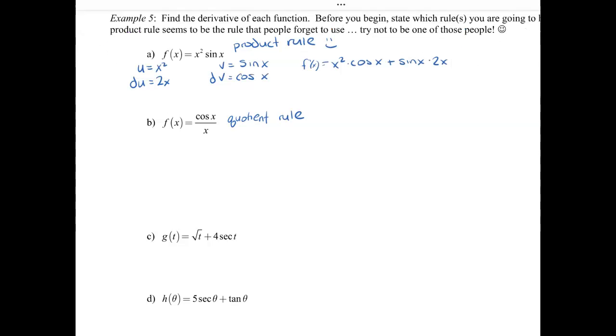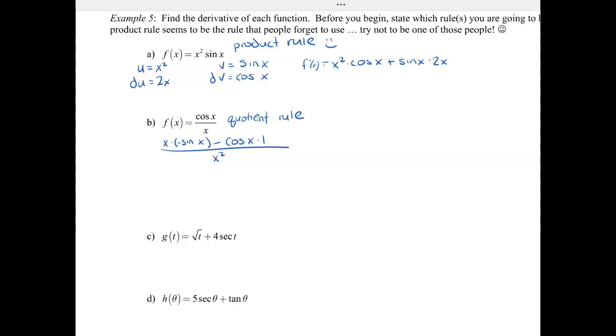So then I've got low, which is x, d high, which is negative sine of x, low d high, minus high, which is cosine of x, times d low, which is 1, all over low squared, which is just going to be x squared.